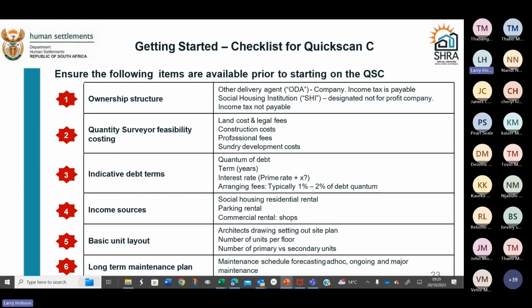And if you don't do it yourself, when it's being assessed by the SHRA, the assessors of the QuickScan C will add an extra component to the maintenance to make sure that you're covering the full 1.02%.